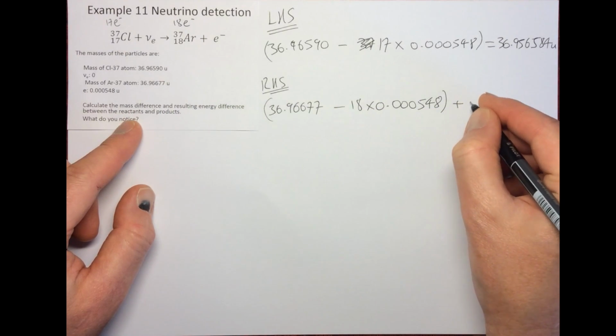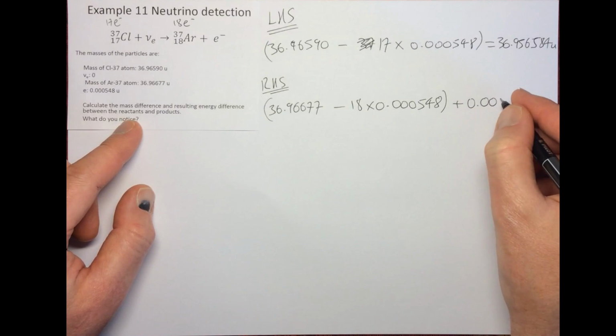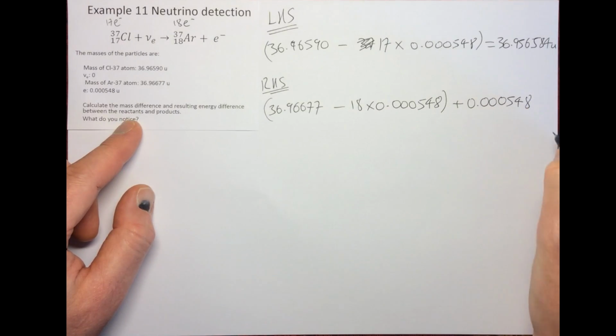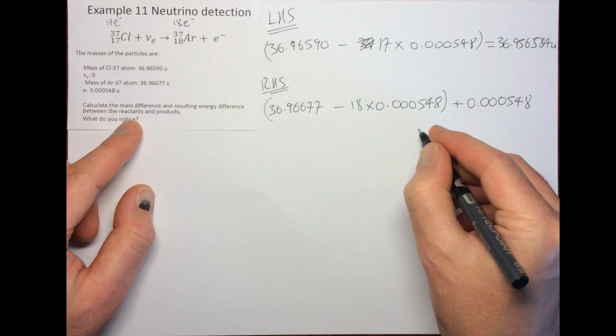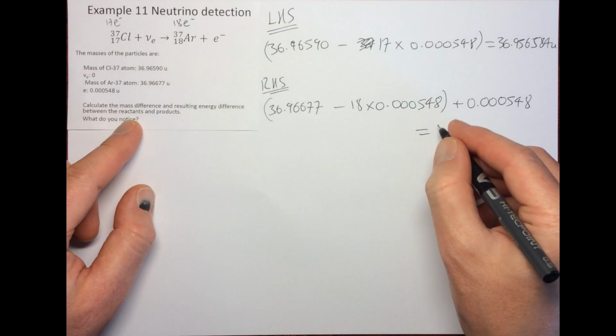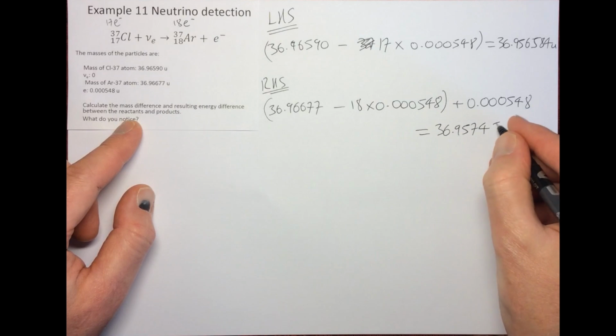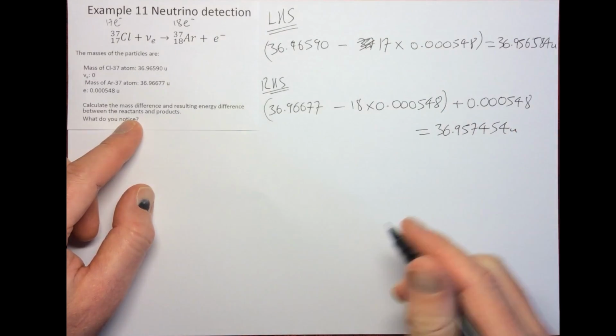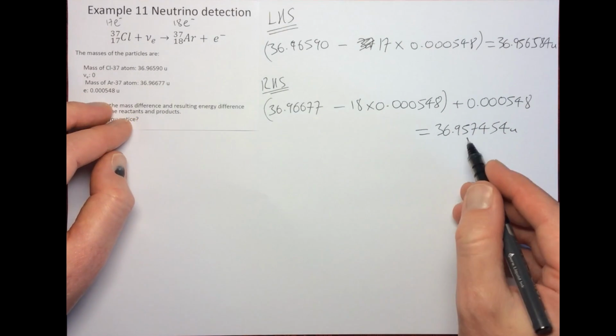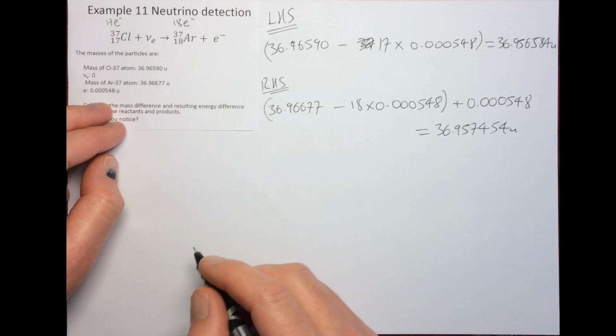So that's going to be plus 0.000548, and that gives us this mass, which is 36.957454 u. So what you notice is, look, this mass here is greater than this mass, as I said.